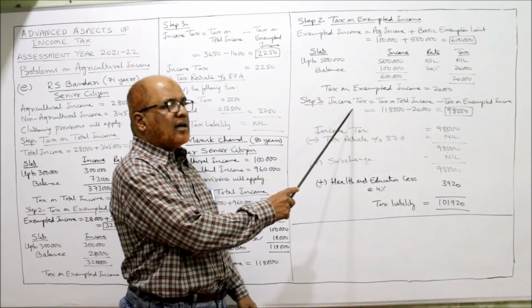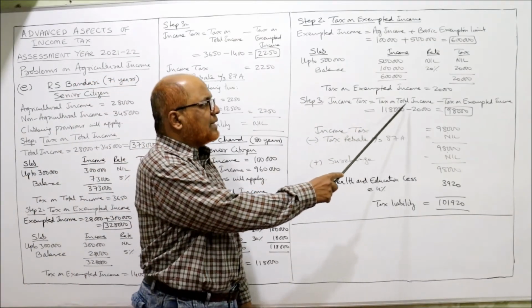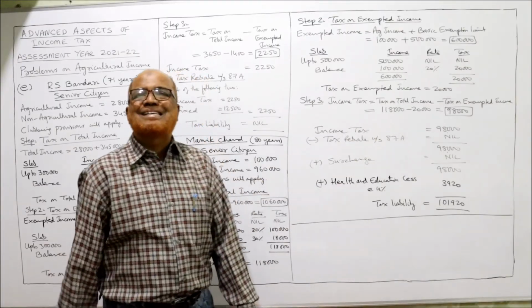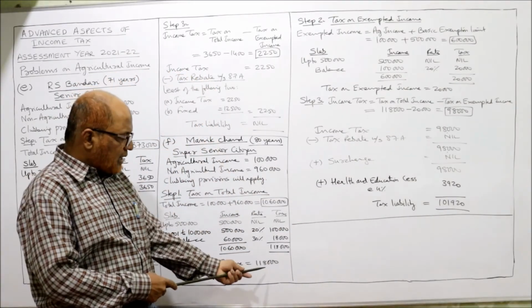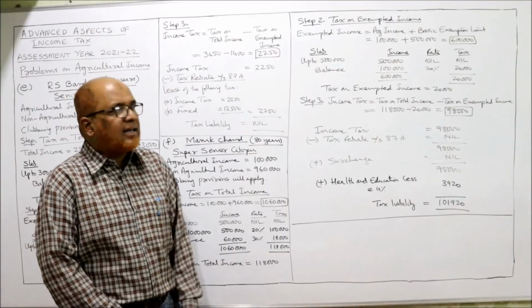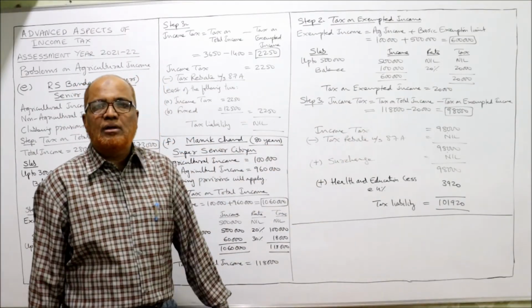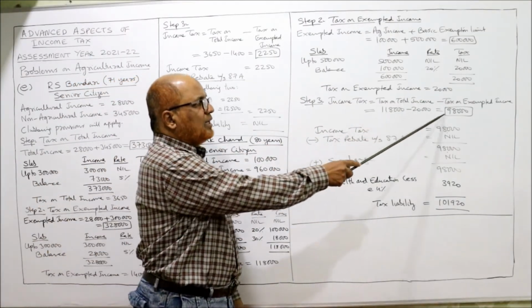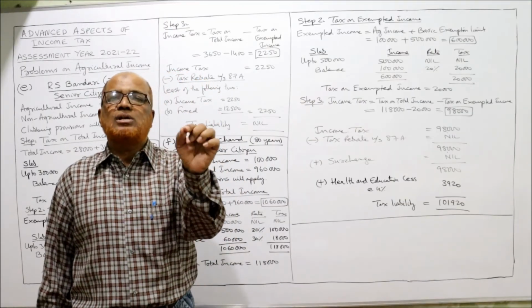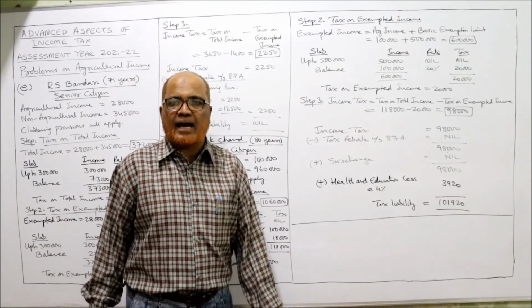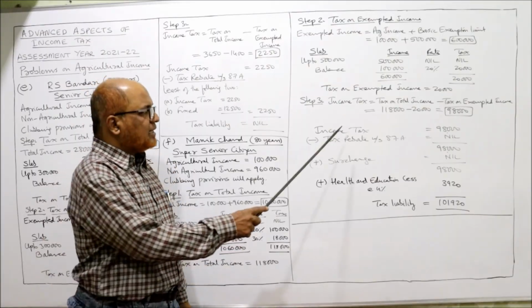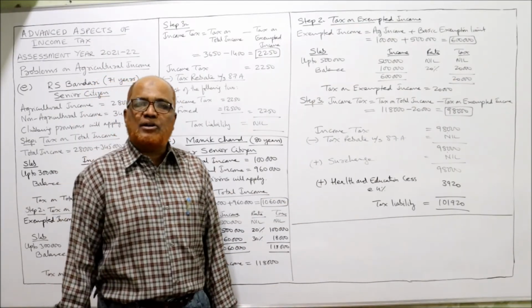Now third step, income tax. Income tax is equal to tax on total income minus tax on exempted income. Tax on total income 1,18,000 and tax on exempted income 20,000. So 1,18,000 minus 20,000, 98,000 is the income tax. Now tax rebate.